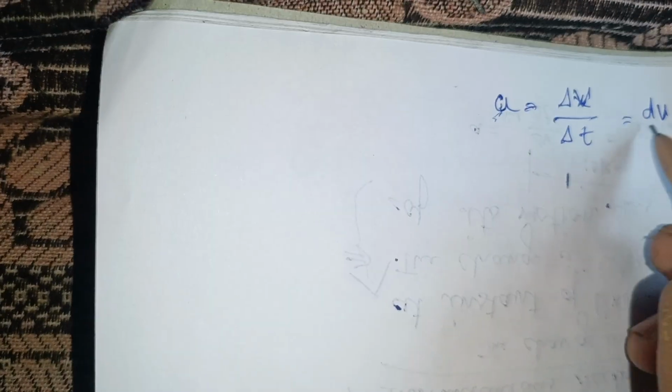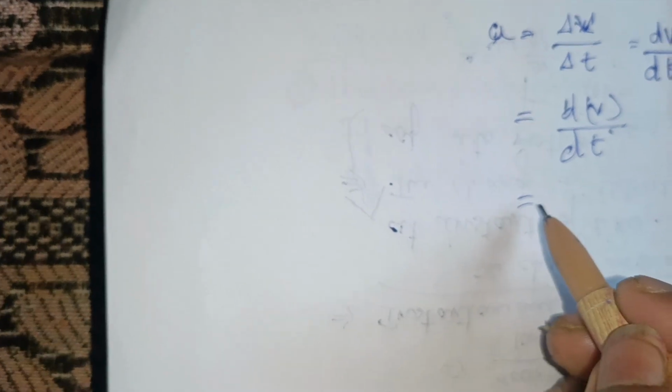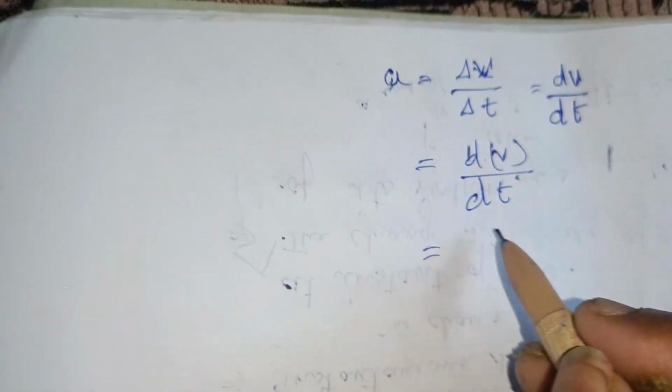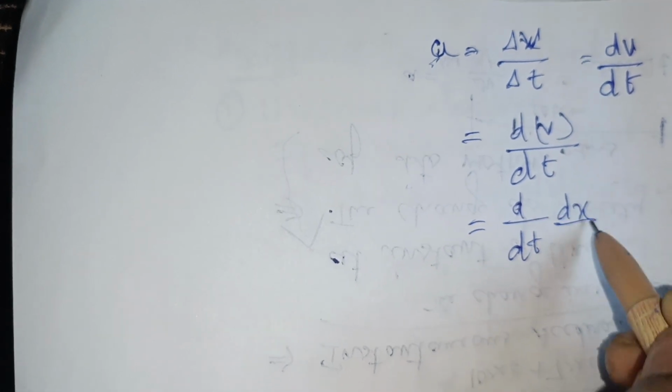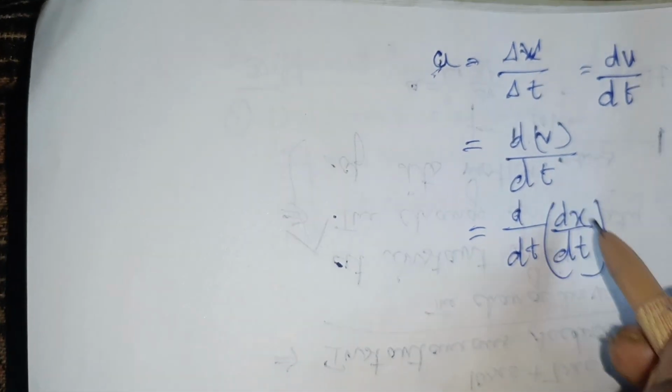We can write here acceleration is equal to delta v divided by delta t, or we can write dv divided by dt. If I want to write dv divided by dt, I can write d by dt of dx divided by dt, since we know that is velocity.